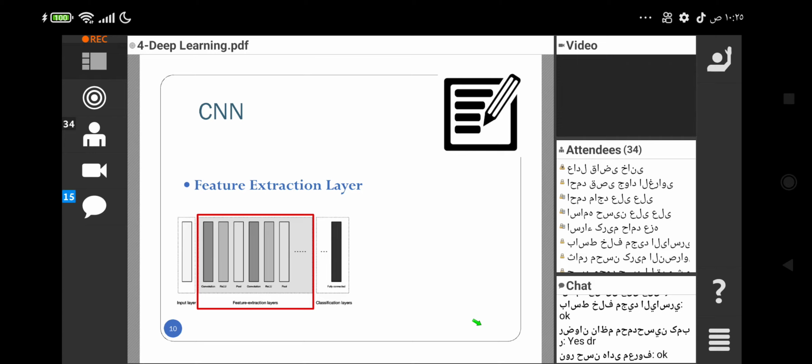The feature extraction layer is the most important layer that we have in CNN. What is it doing? What does feature extraction mean? Feature extraction is a very important task in data mining. As we talked in the previous slide, in an image we have many pixels.